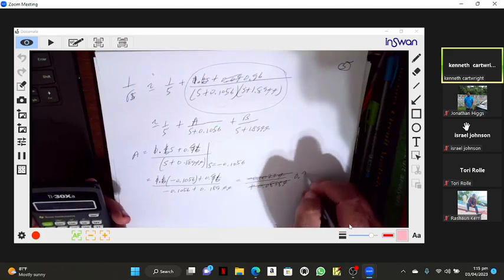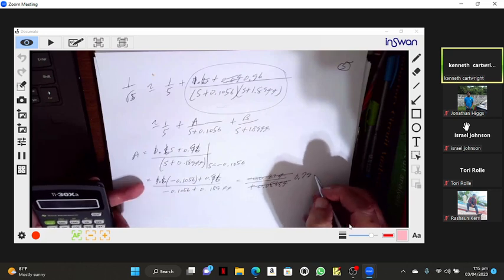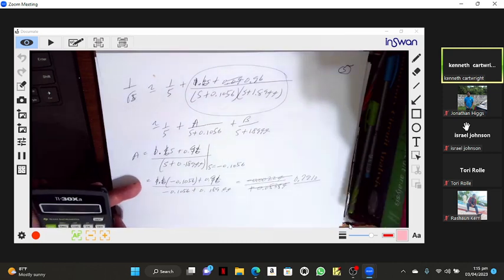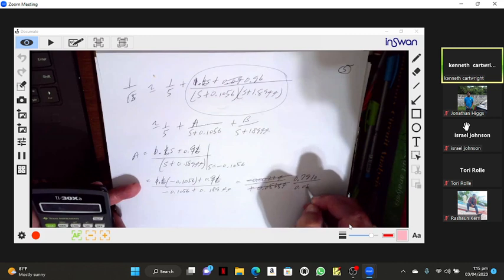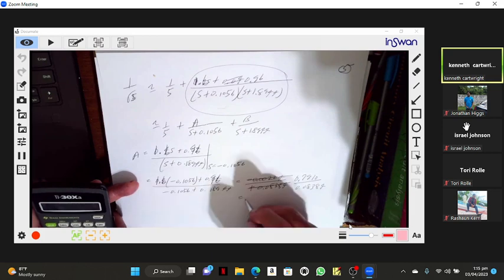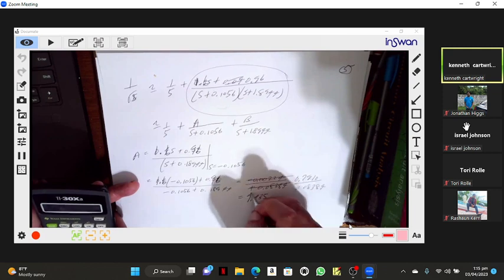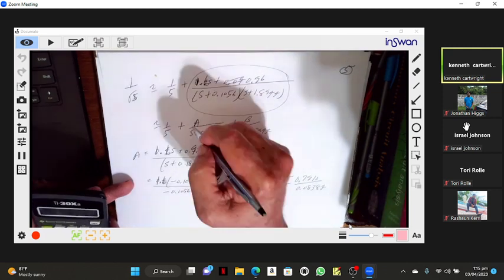That's 0.799 divided by 0.18944 minus 0.1056, 0.08384, equals 9.435. So this is now 9.435.